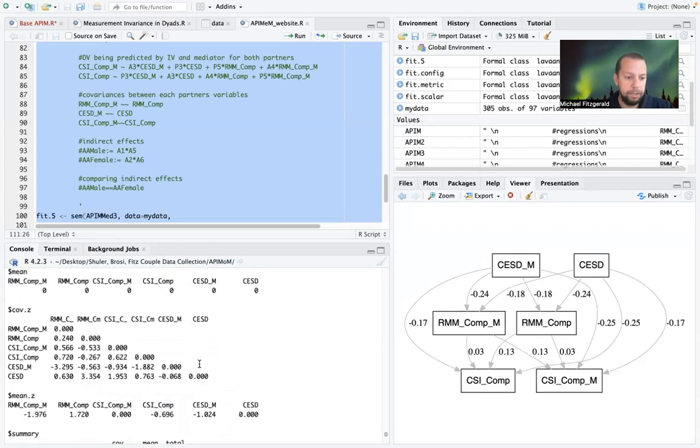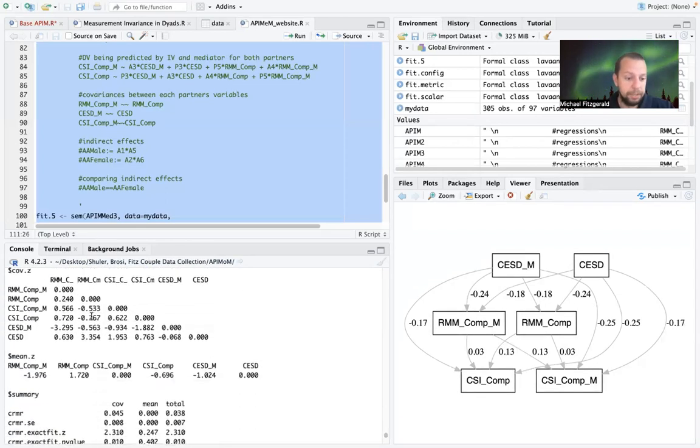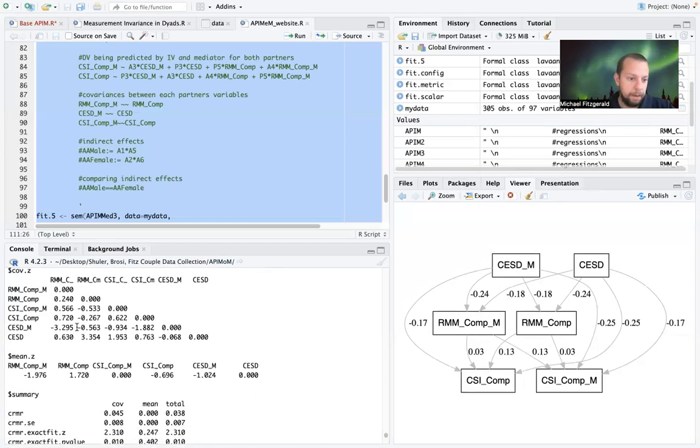And so we also have the residual matrix, and this is going to be an indicator of whether or not our parameters are over or underestimated based on what the model expects. And we see here relationship mindfulness and CESD for men.